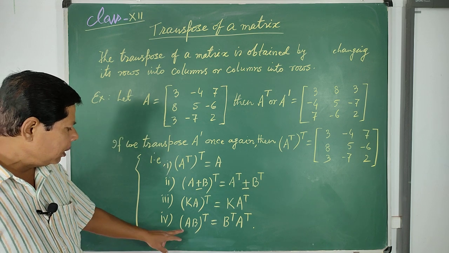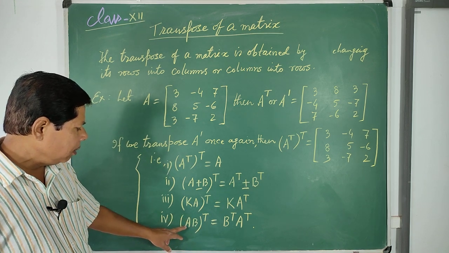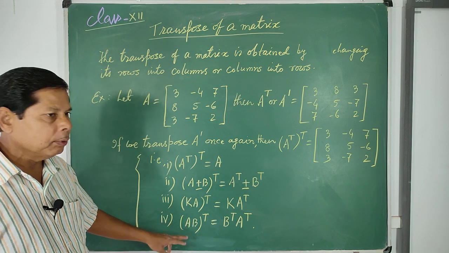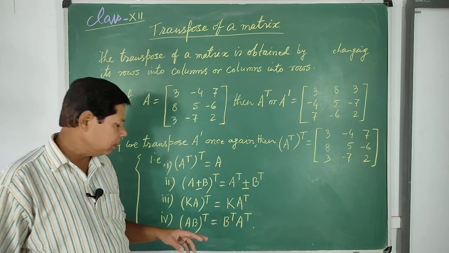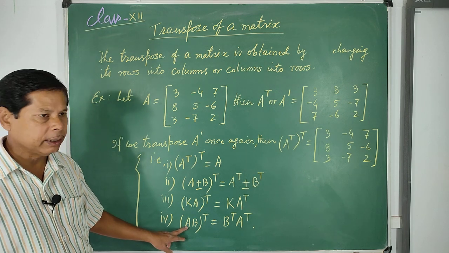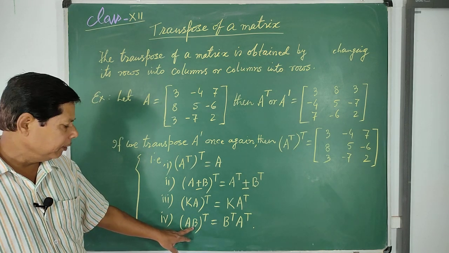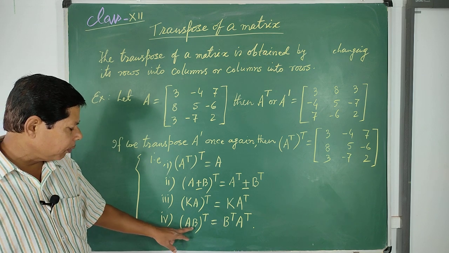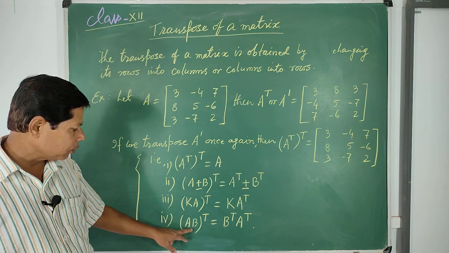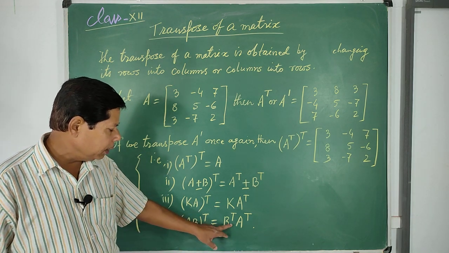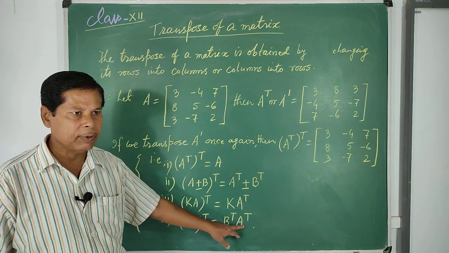The fourth property is (AB)^T, that means the product of A and B, if it is possible. The product is possible if the number of columns of the first matrix A is equal to the number of rows of the second matrix B. So, if the product is possible, then the transpose of the product of 2 matrices is equal to B^T into A^T, taken in reverse order.